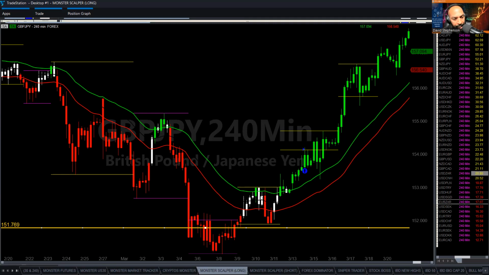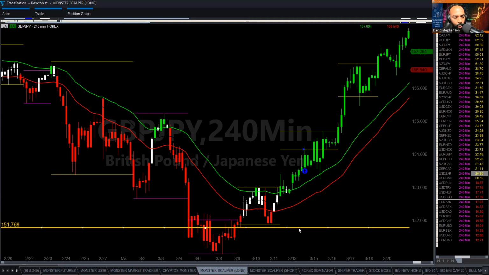So many times, guys, the price will come down, hold that support, and then move in the direction. You'll get a pullback. A lot of times we'll get a pullback before the buyers really take control. So if you put your stop loss anywhere in this area in here, you're going to get stopped out. So just remember, if you're going to put a stop loss, put it right below your support areas.